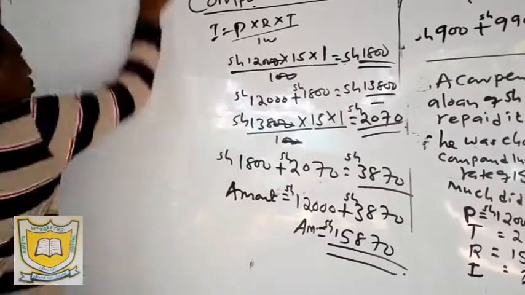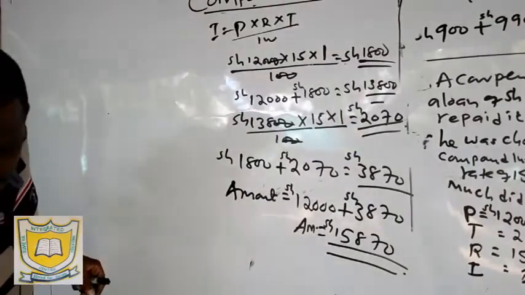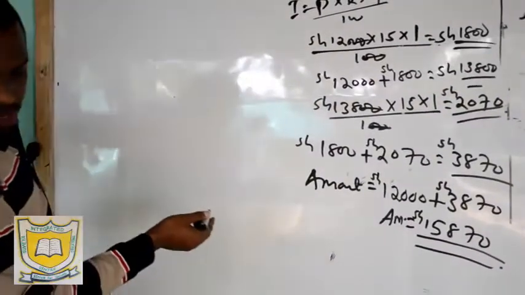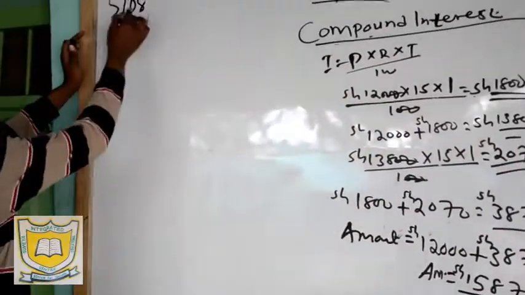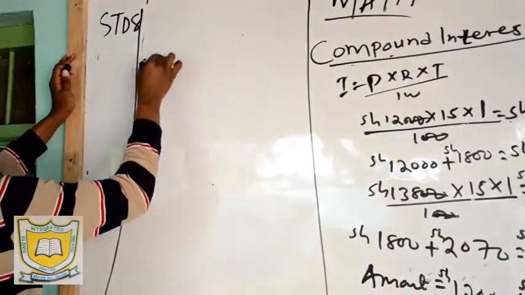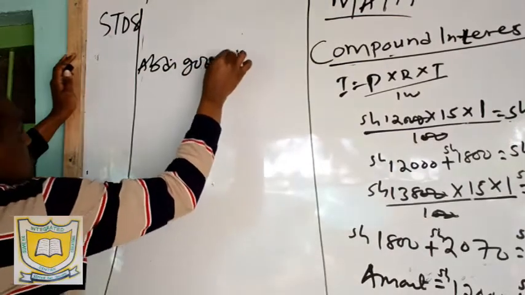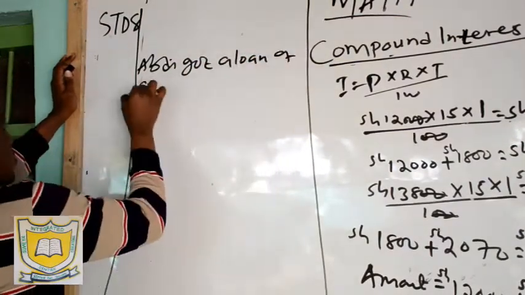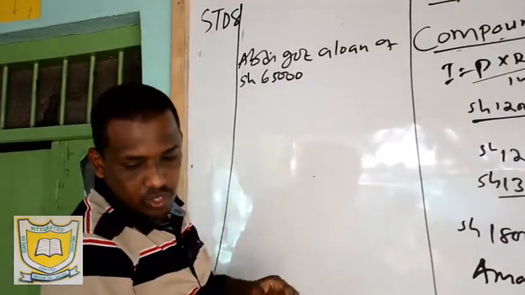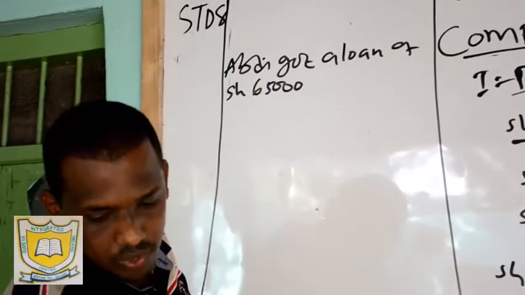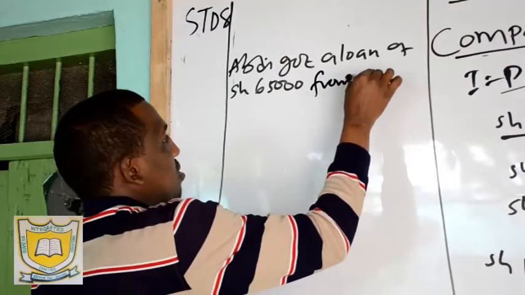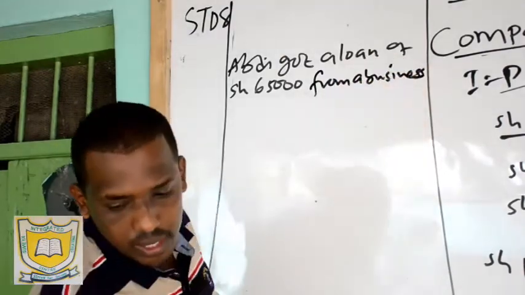Let's do another question. You are told, let's say Abdi got a loan of 65,000 from a business.